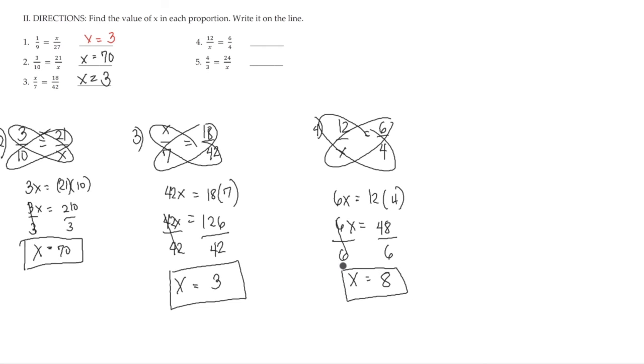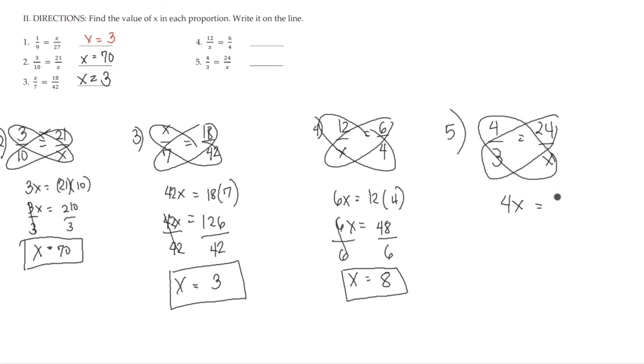Do you have any questions? None? Okay, let's move on to number 5. So, here we have 4 over 3 equals 24 over x. So, if we do the cross multiplication again, we have 4x equals 24 times 3 is, what is 24 times 3?